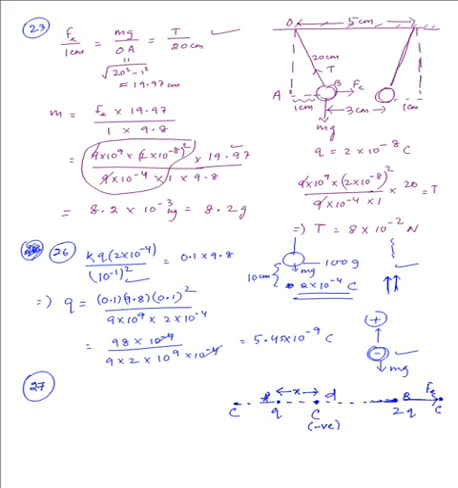Same goes with the case of the charge at the point B. If that is being repelled, that has to be attracted by the charge at the point C, and obviously it has to be negative. So these two positions need not be considered.